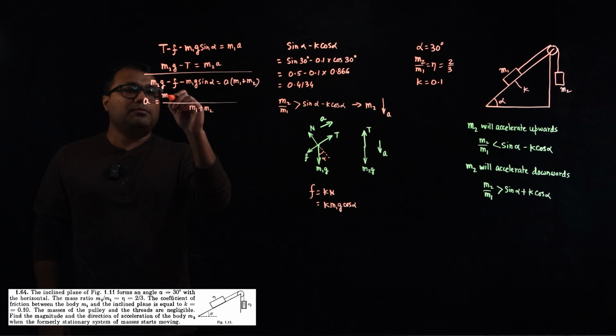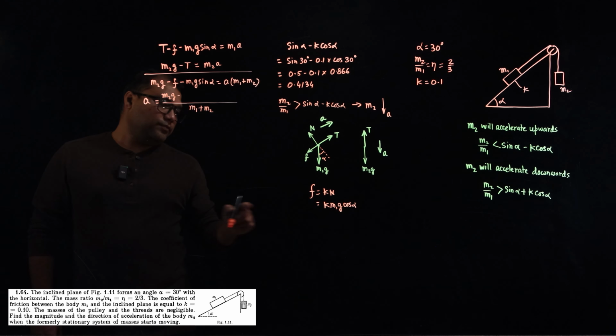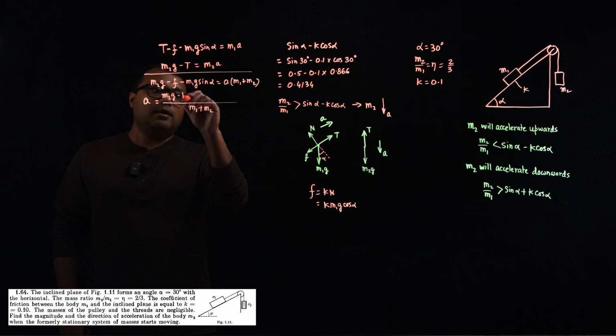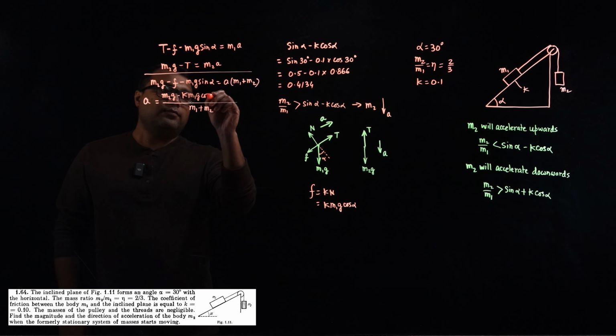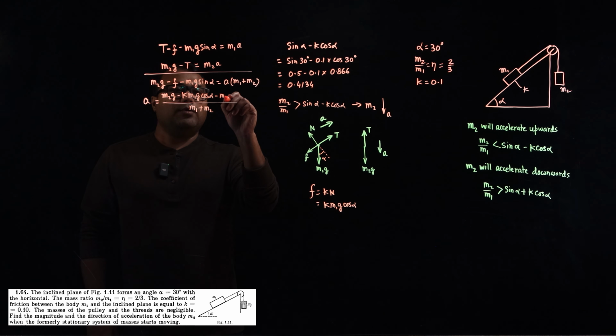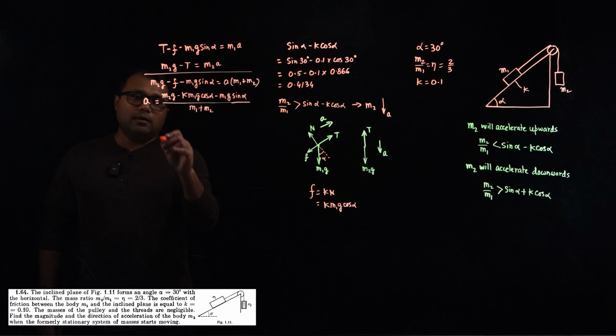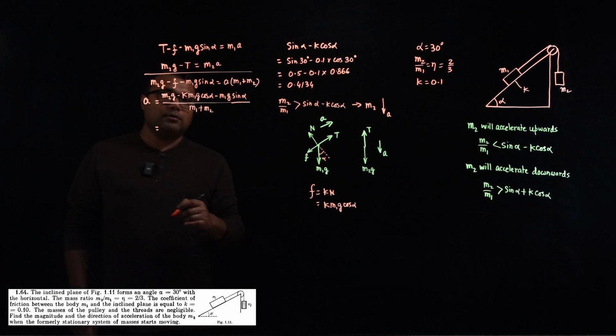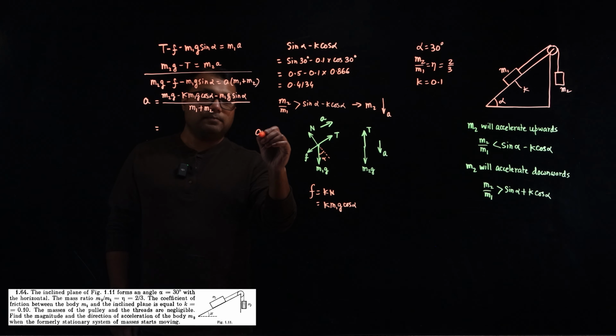And this will be m2g minus friction, which is k m1g cos alpha, minus m1g sin alpha. Okay. Now g we can take common.